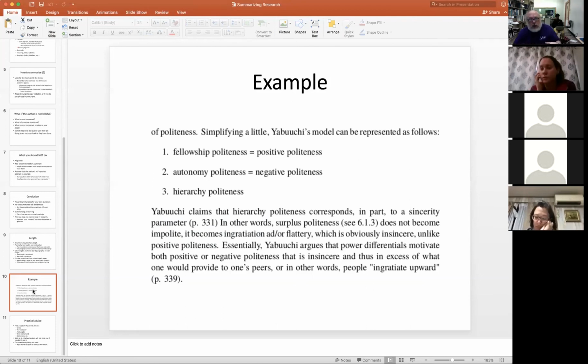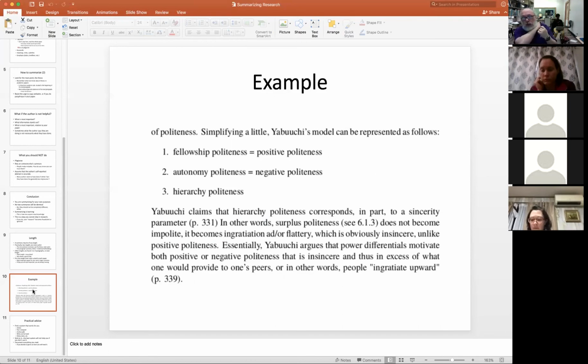In other words, I'm saying Yabuchi organizes the concept of politeness around 3 poles as opposed to 2, right? And then he says you have this surplus of politeness, which is basically when you're extra polite, which is obviously not sincere anymore.